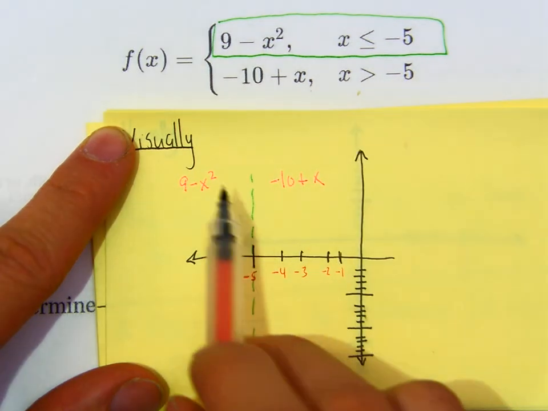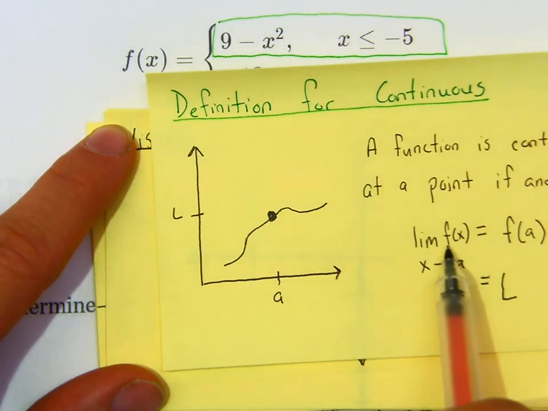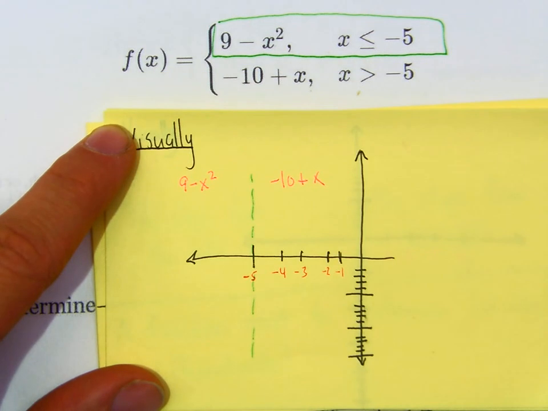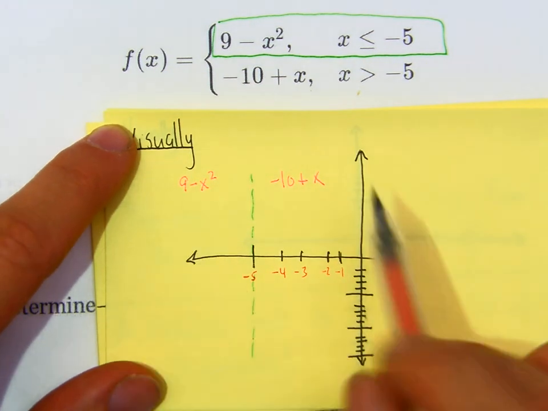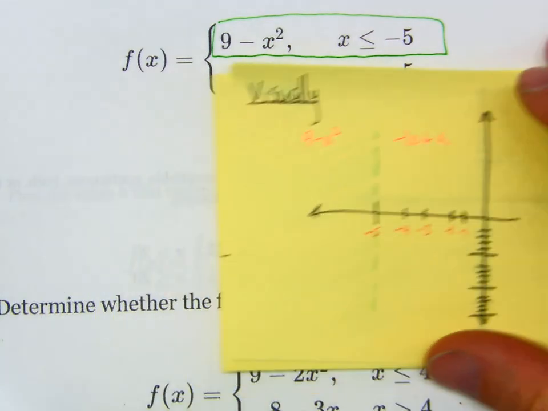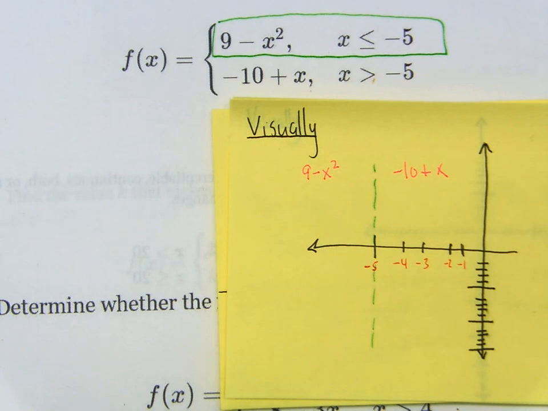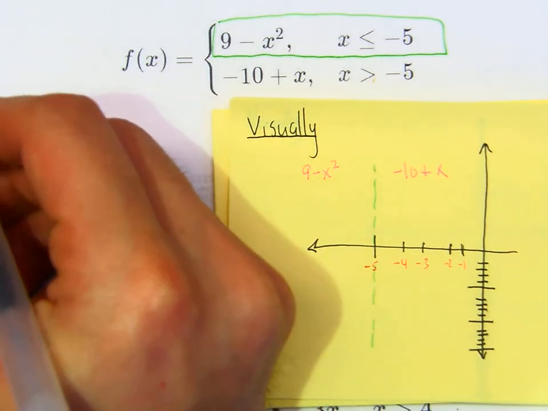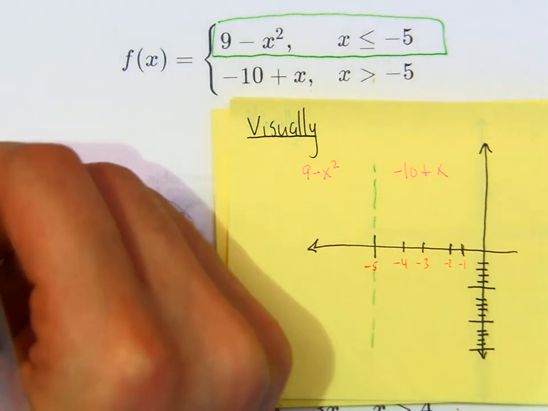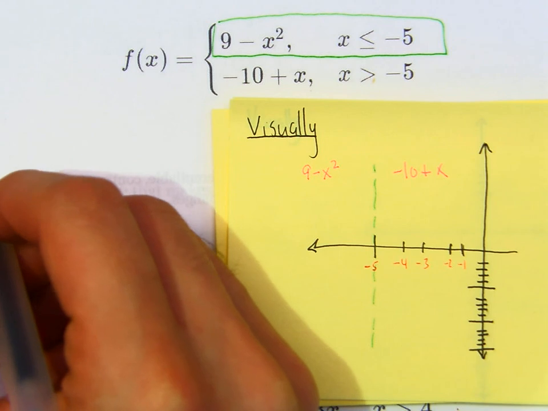So the idea is we want to see if the limit exists. Does the limit from the left equal the limit from the right? Let's take a look at 9 minus x squared. If you plug in -5, you have 9 minus a -5 squared, so that's 9 minus 25.